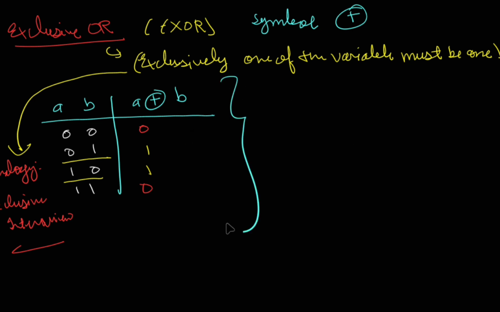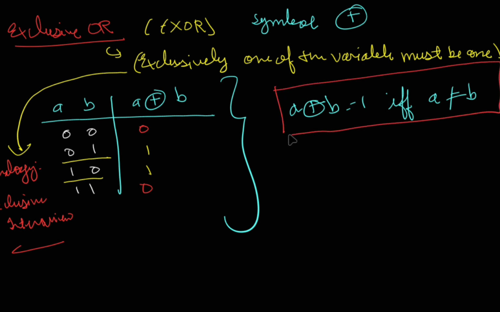So we can say A exclusive OR B is 1 if and only if A and B are different. When they are different, you'll get 1.